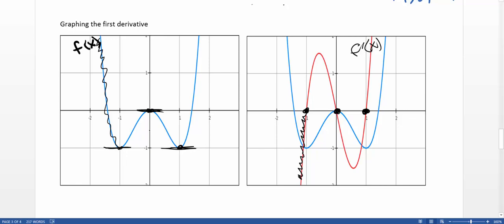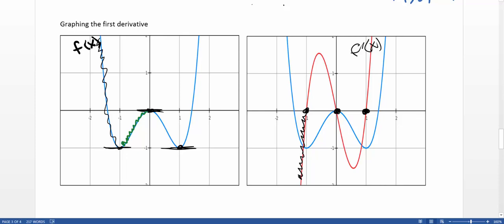Now, between -1 and 0, we are increasing. When we're increasing, that means we have to be positive. So my derivative has to be above the x-axis between -1 and 0.